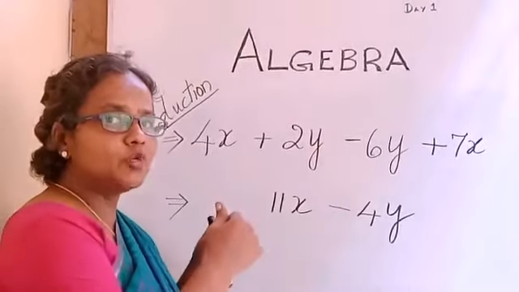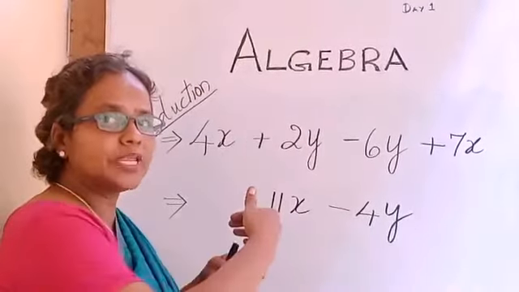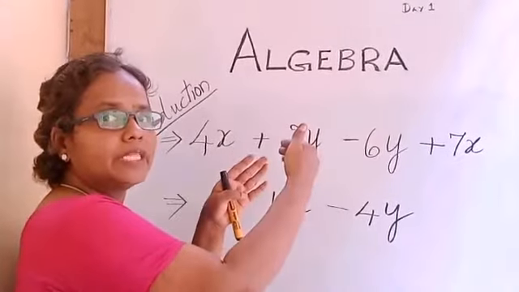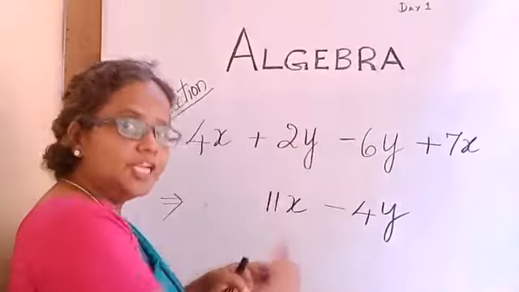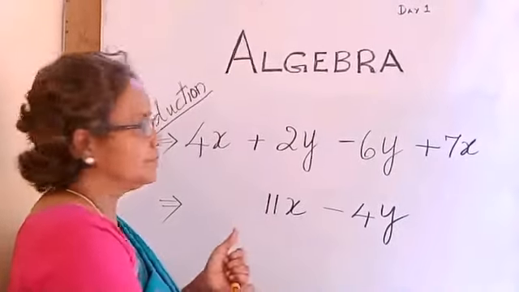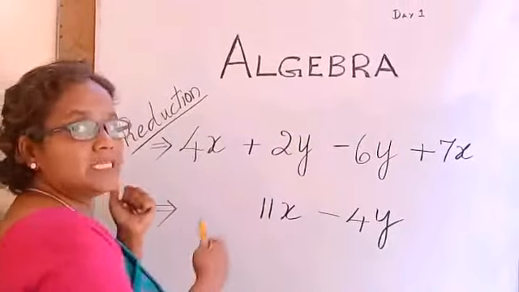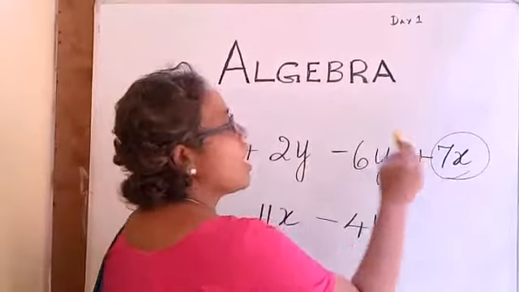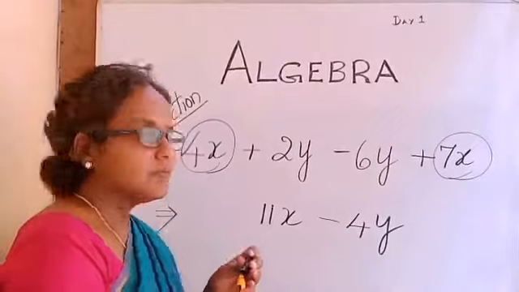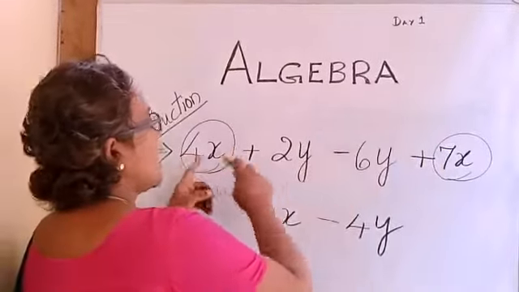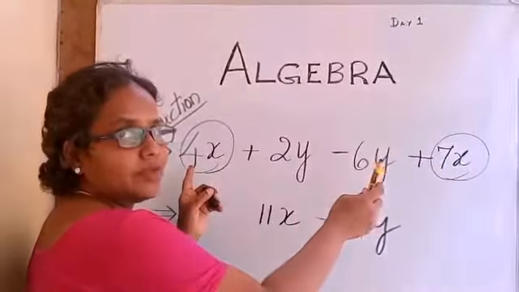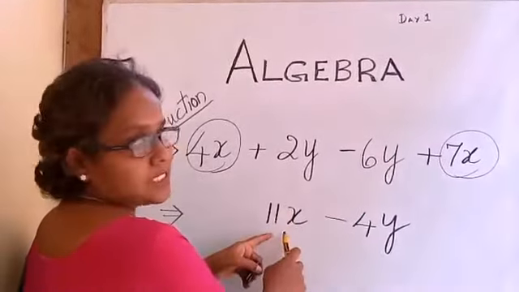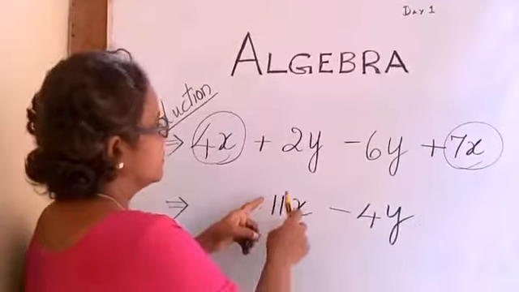Now if you want to reduce this algebraic expression further, you will have to identify the like terms and then reduce it to its smallest form. So I see that 4x and 7x are like terms. So I combine these two like terms together. Both of them are positive, and therefore my answer is 11x.